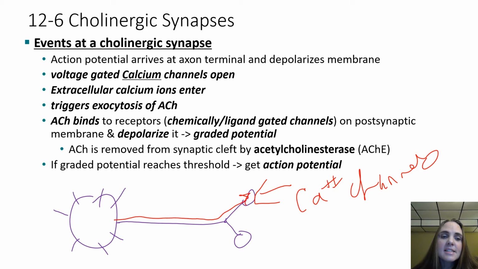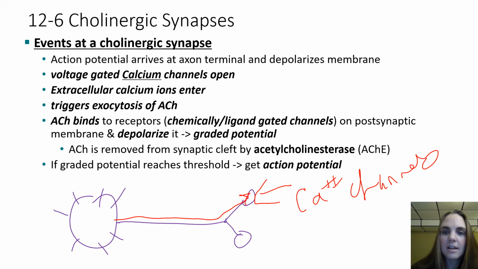What happens then is that calcium that's outside the cell, so extracellular calcium ions, are going to come into the axon terminal, and that triggers exocytosis of acetylcholine. Remember, our neurotransmitters are stored in vesicles inside that axon terminal.